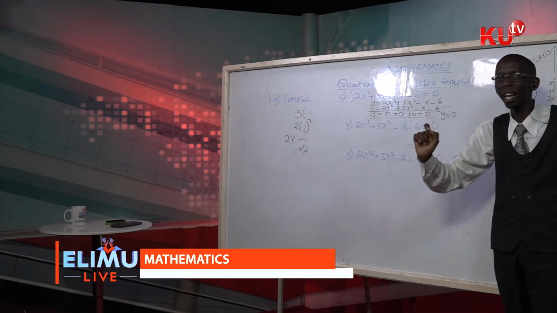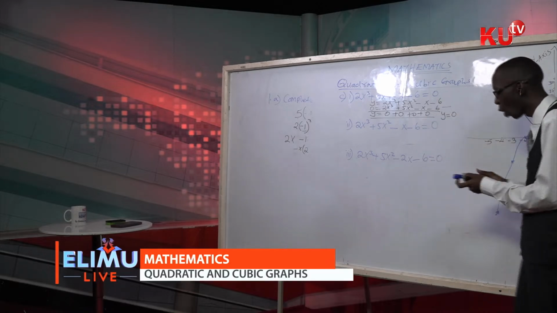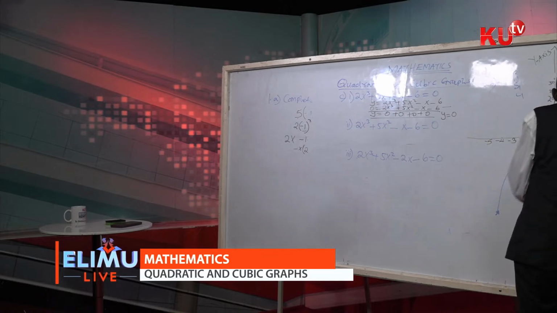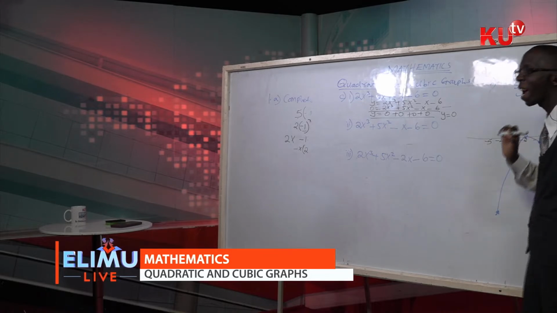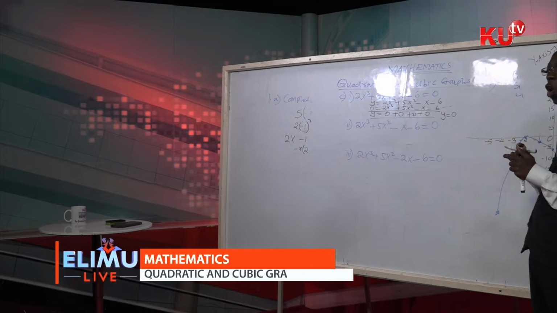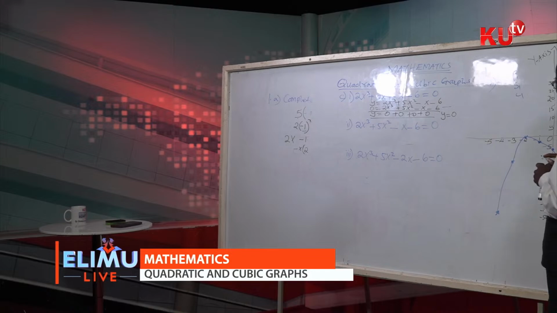So you'll go back to your graph, my dear student. The x-axis is the line y is equals to 0. So you come and write y is equals to 0 on your x-axis.